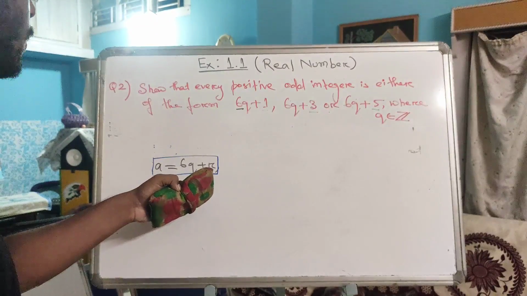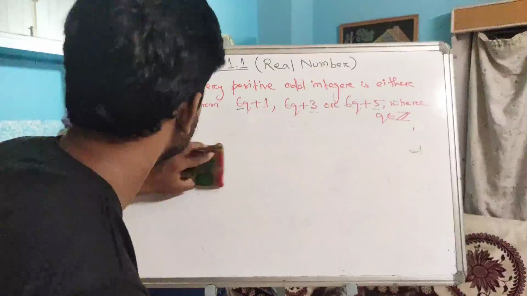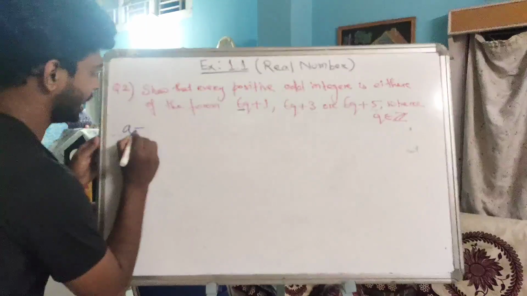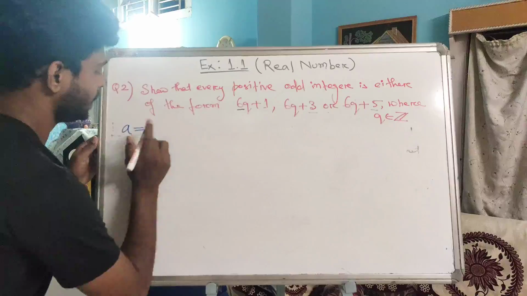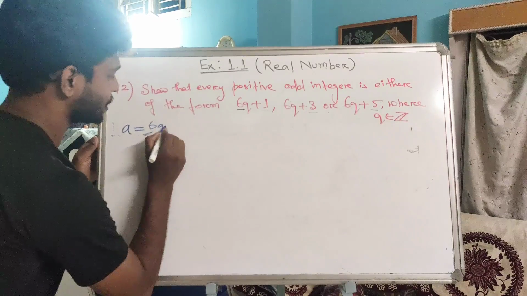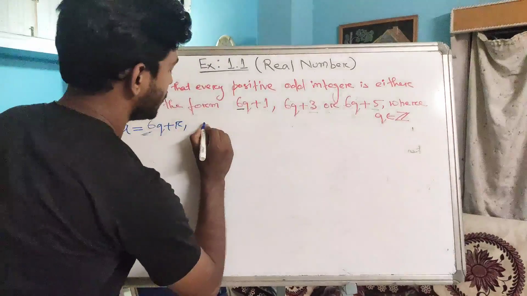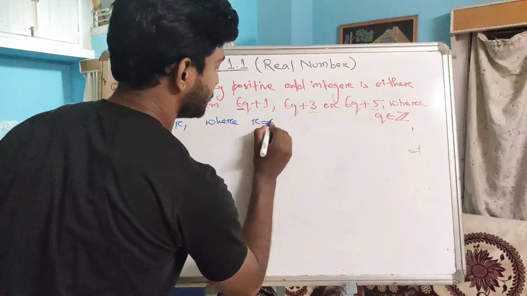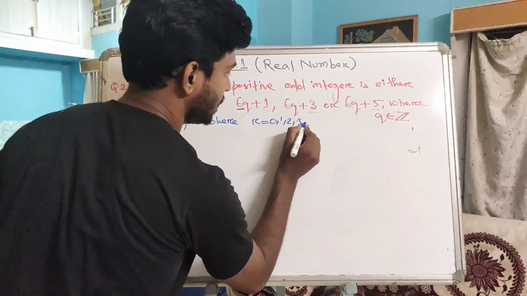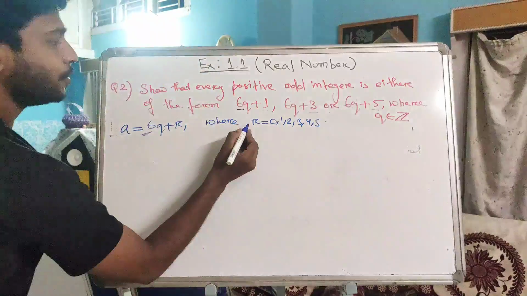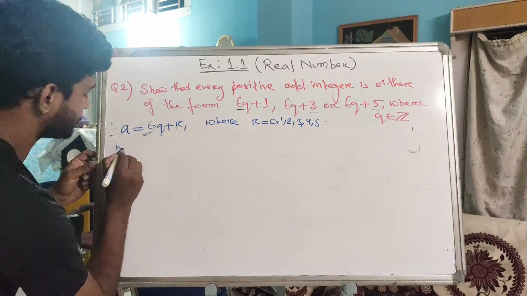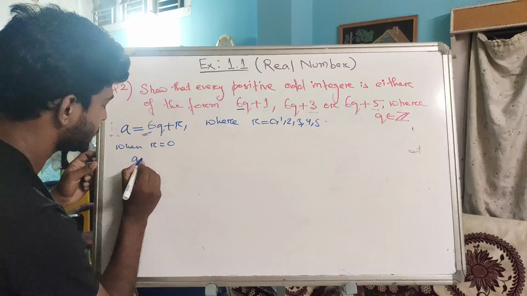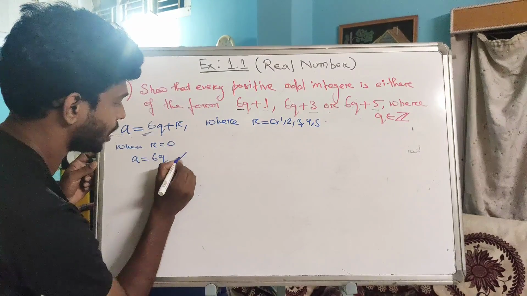This is the equation we are going to use here. a equals b times q plus r, where b is our 6 in this situation, and r can take possible values 0, 1, 2, 3, 4 and 5. We are done with case 1 when r equals 0. The form was a equals 6q, which is not possible.